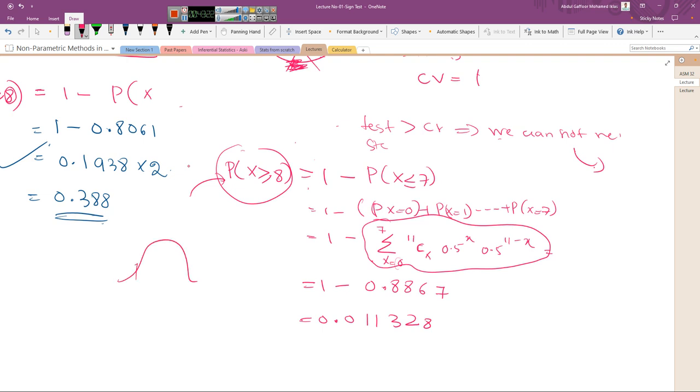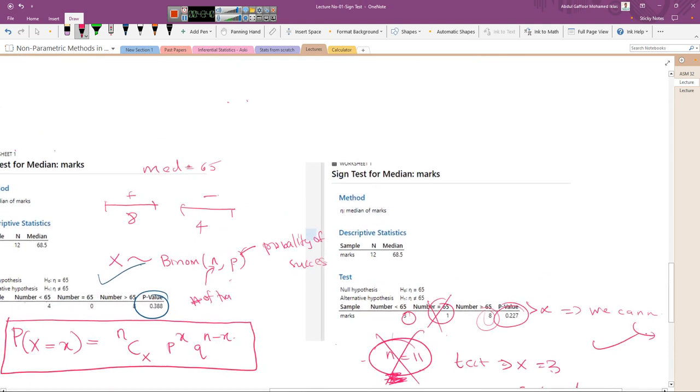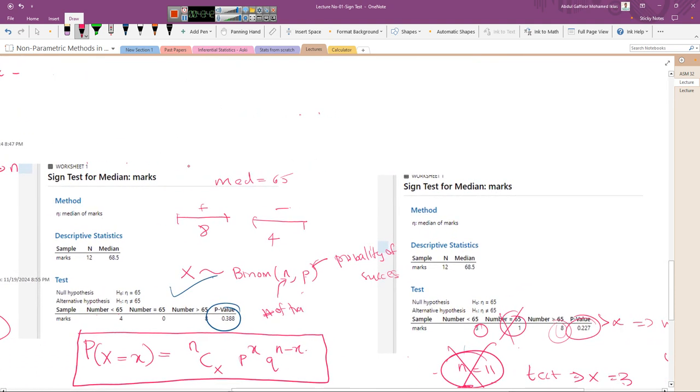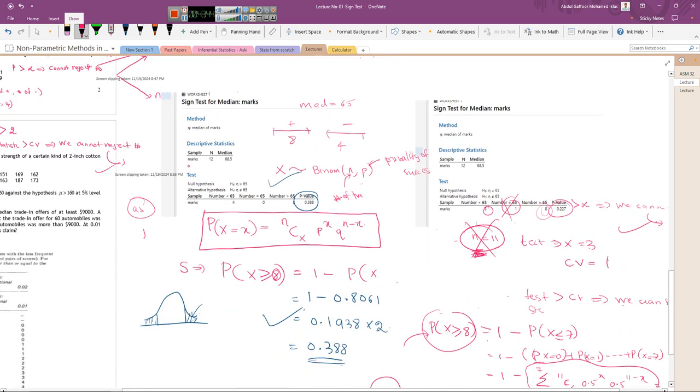So we have to multiply this probability by 2, so it will give me 0.2265. So this is approximately equal to 0.227 that we already obtained here, right? Okay, right. So I hope you have understood the first question.